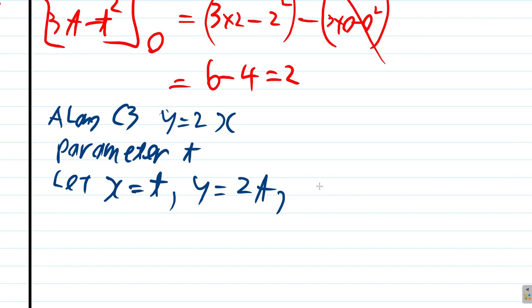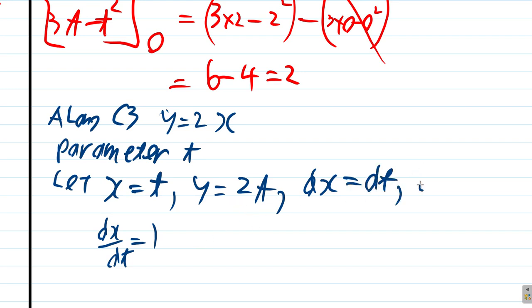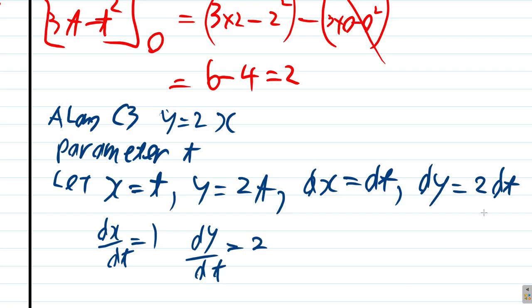Now, what is dx? We have x equal t, so dx by dt is equal to 1. So dx is equal to dt. What is dy equal to? If you differentiate, dy by dt is equal to 2. So dy would be 2 dt.